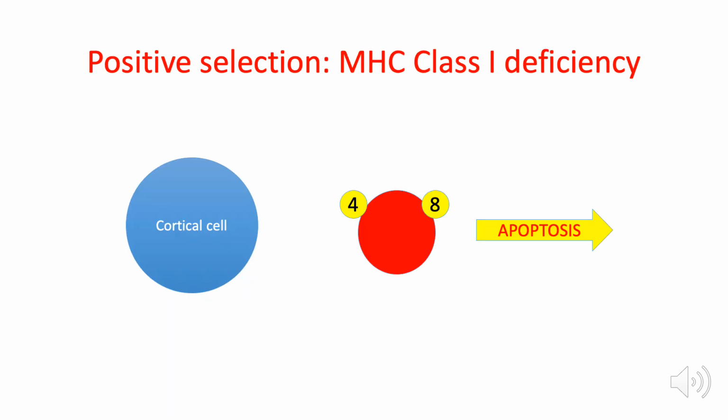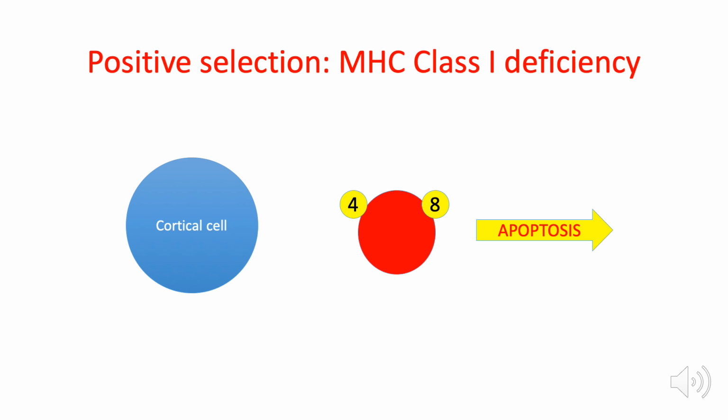In MHC class 1 deficiency, the cortical cells will not be able to present antigens using class 1 during the positive selection. And the double positive T cell that is supposed to become the future CD8 positive T cell or T cytotoxic cell will not have any means of reacting to the cortical cell.